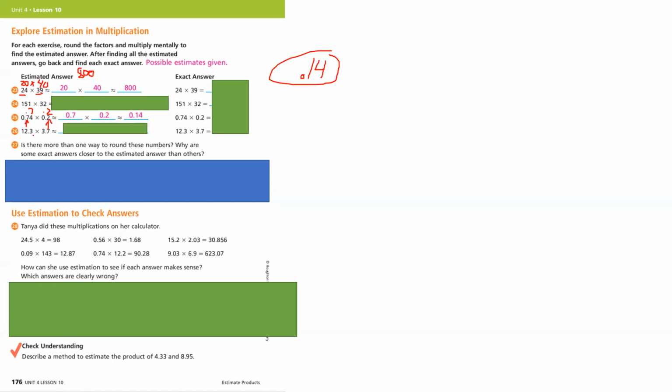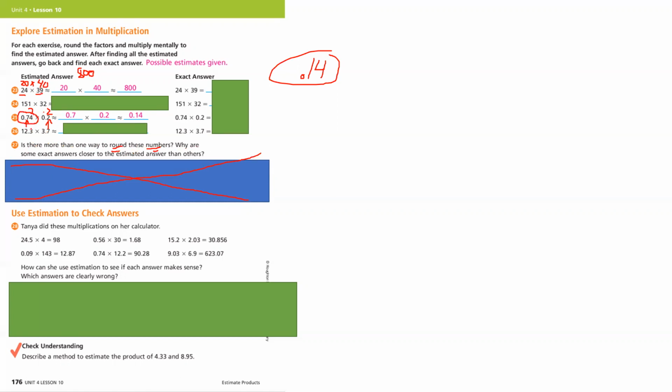And then for number 27, it says, is there more than one way to round these numbers? And you don't have to write this, because I just gave you that answer. Yes, there's a whole bunch of different ways to round the numbers, right? You can not round one of them to the nearest ones.